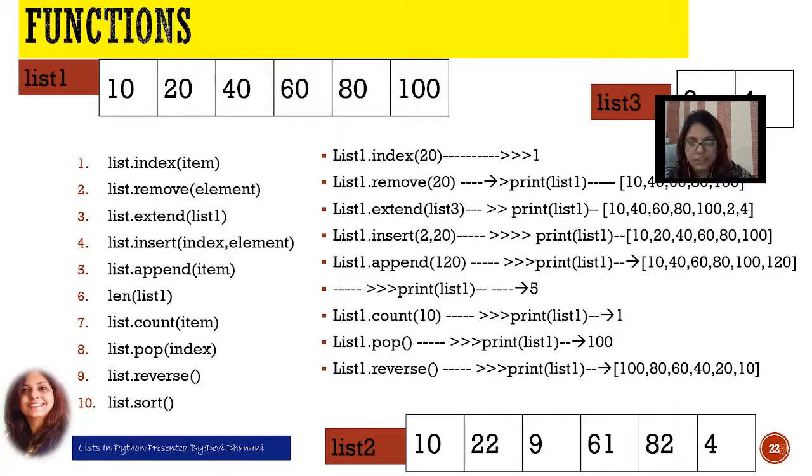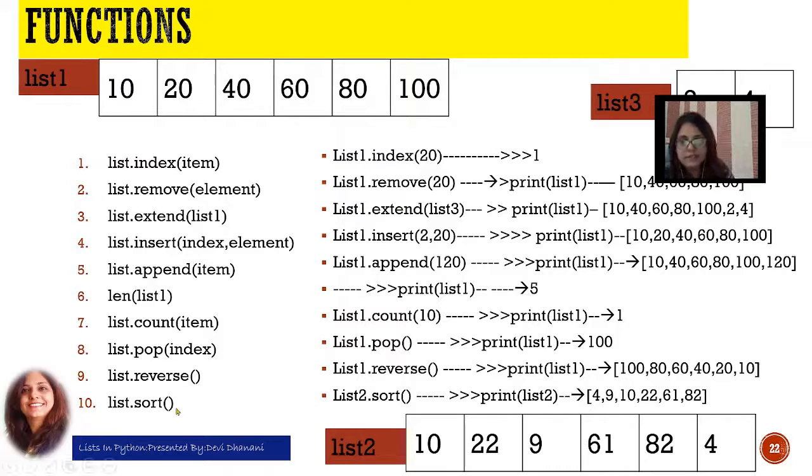In case we wish to change the order of our list, to put it in ascending or descending order, we make use of the sort function. Herein I have taken the example of the second list, that is list 2.